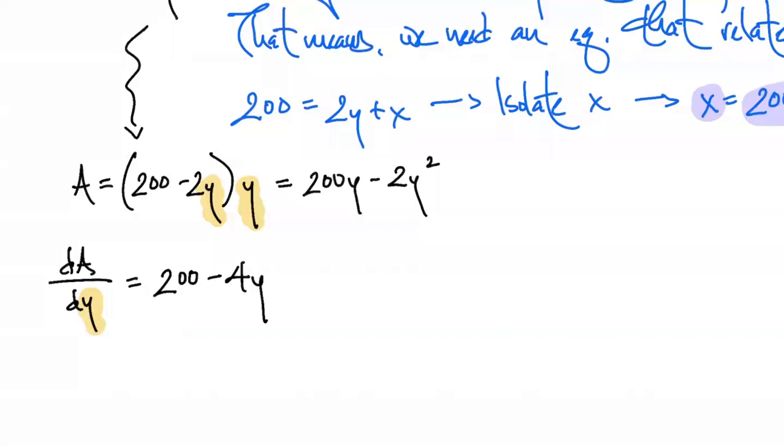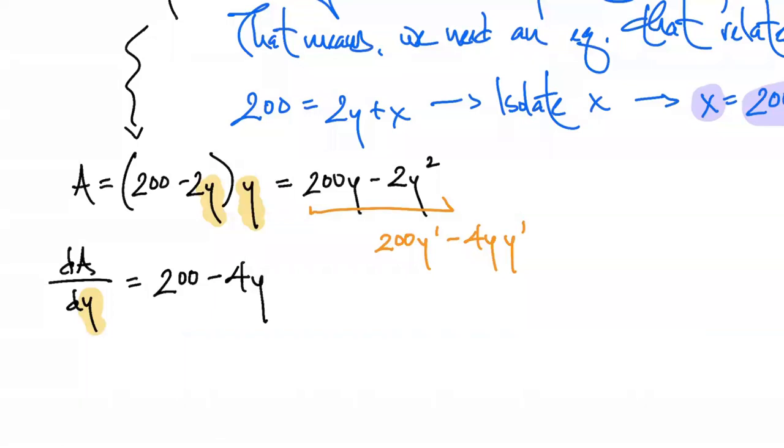Now let me ask you a question. In the last unit, we learned about something called implicit differentiation. And so in the last unit, when we saw something like this, we would write 200y prime minus 4y prime. How come I'm not doing that here? Good.